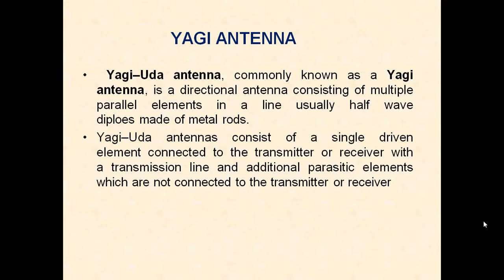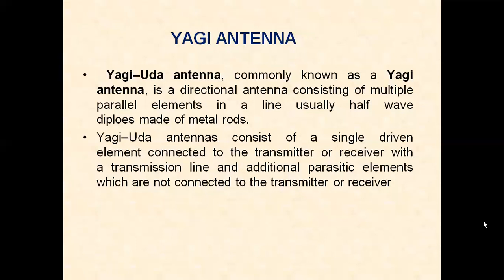Yagi-Uda antenna consists of a single driven element connected to the transmitter or receiver with a transmission line. For example, when we want to radiate the signal from the transmitter, this antenna is connected to the transmitter through the transmission line. From the feeder cable, the modulated signal from the transmitter comes to the antenna, and then it radiates the signal in the particular direction in which it is oriented.